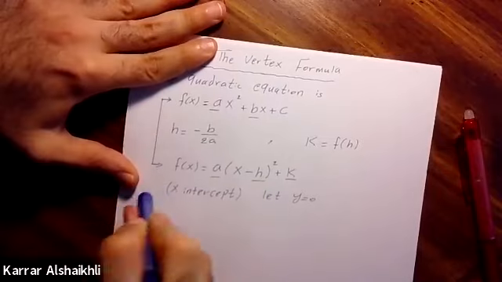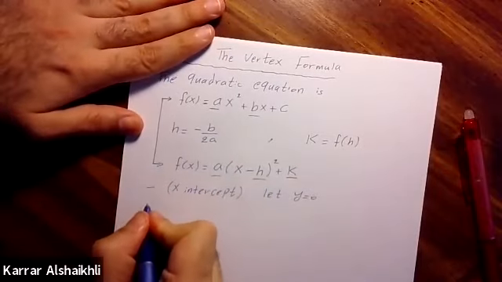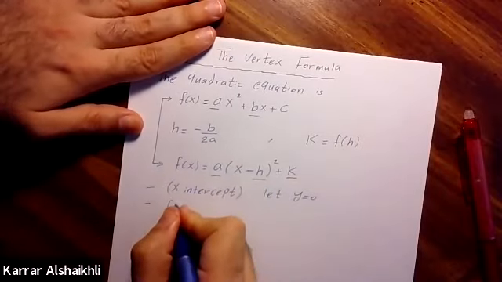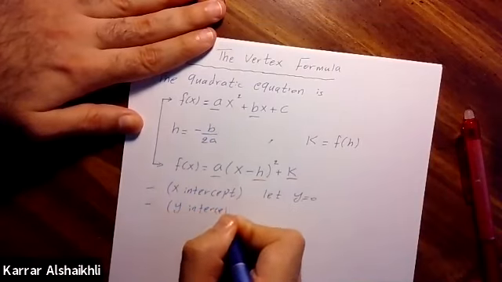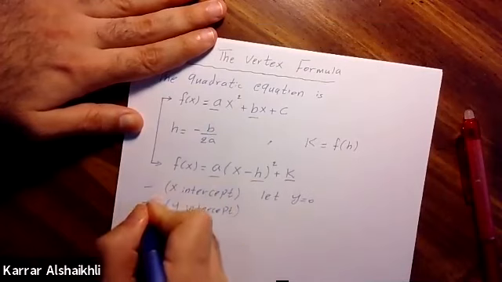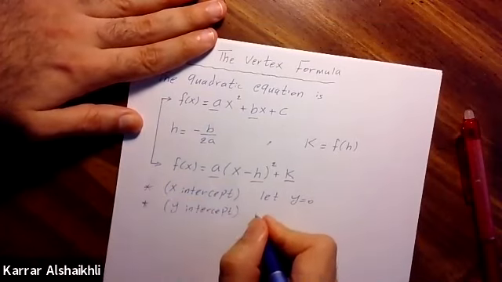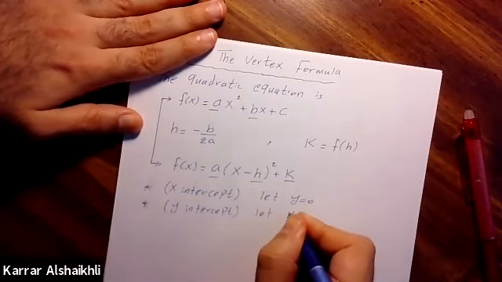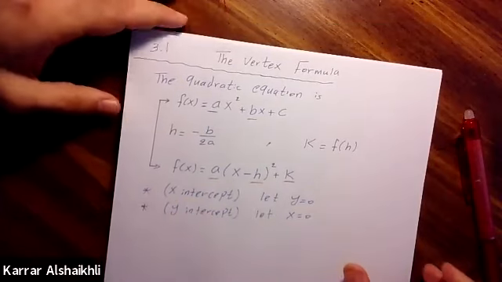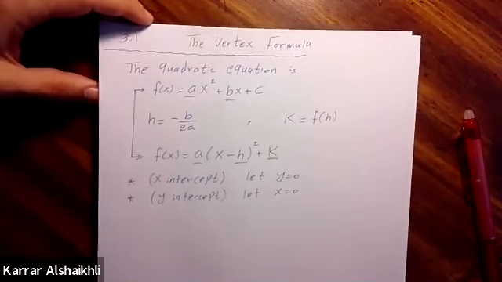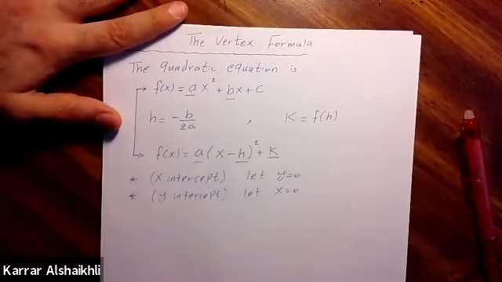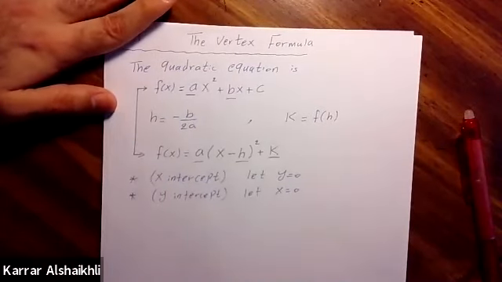We're going to let x equal 0. This is just to refresh your memory, because we already took an example about how to find the x-intercept and the y-intercept, exactly the same process, in case they ask you.